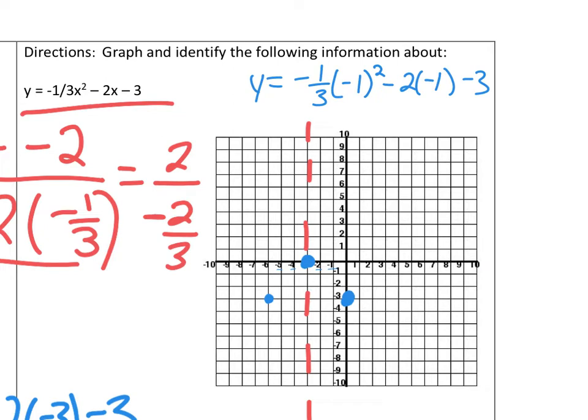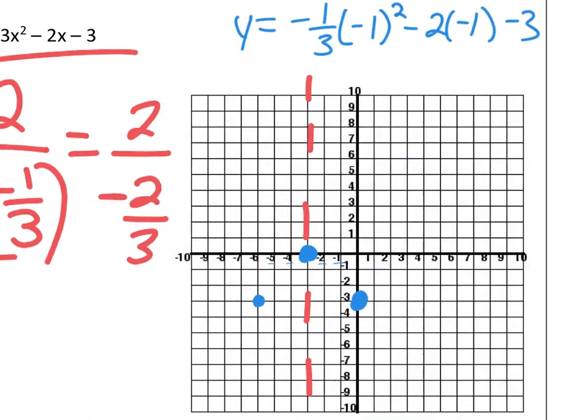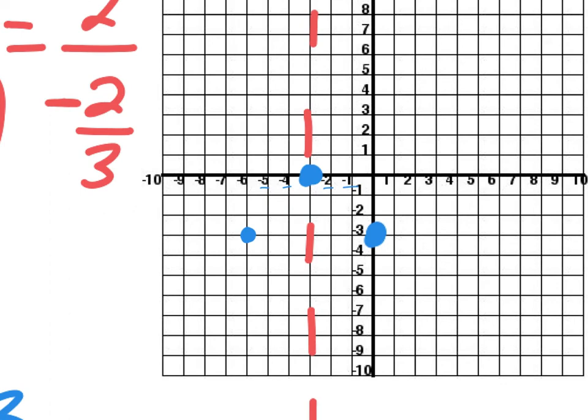And tell me what you get. -1 1/3. It's going to be kind of weird. So when I go to -1 and then I go down 1 1/3, is that what everybody else got? Okay, cool.